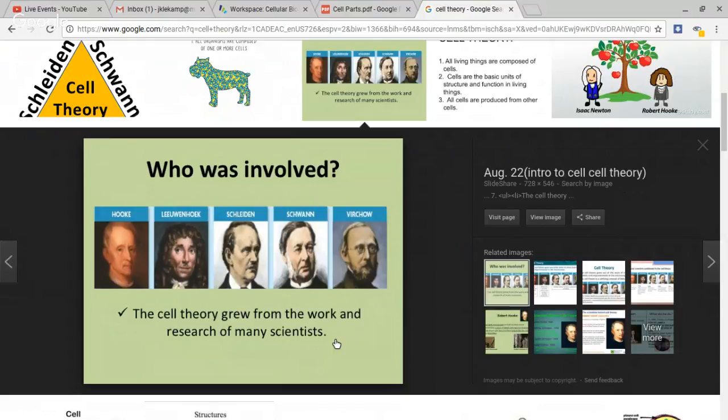Then we had Schleiden and Schwann that looked at plant cells, understanding that cells make up our plant organisms. And Virchow was kind of along the same lines. He was looking at animal cells in the same way.